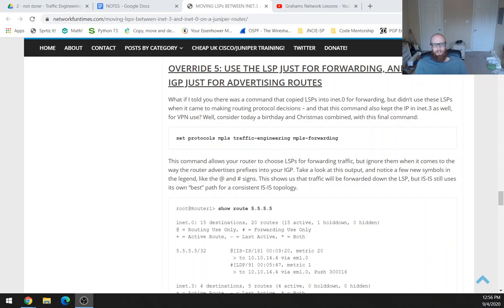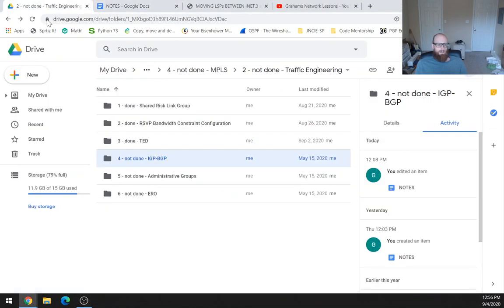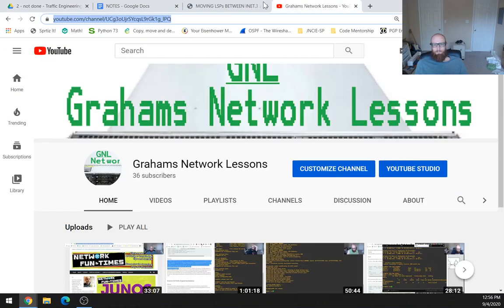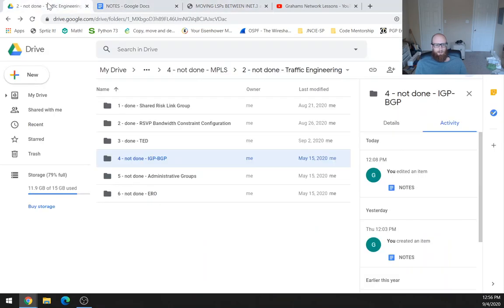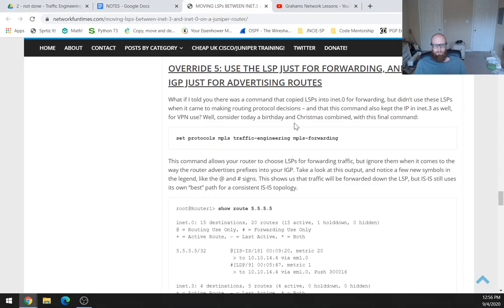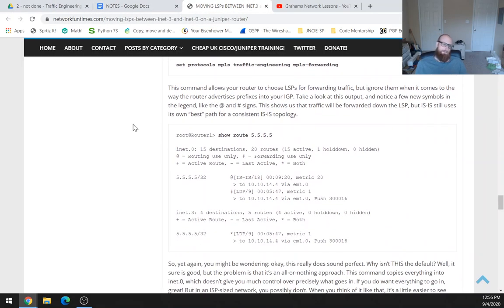Well, consider today a birthday and Christmas combined with this final command: set protocols mpls traffic-engineering mpls-forwarding. So I'm surprised that's not in there, but maybe there's something where they want to remove this and replace it with mpls-forwarding.